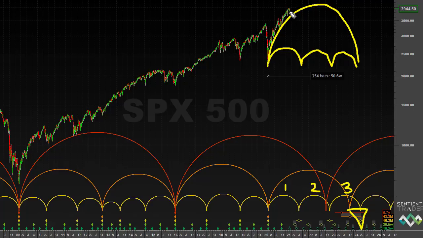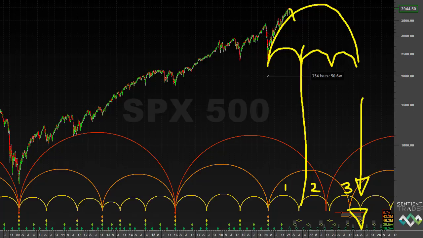But in terms of the really big picture, what is happening at the moment is that we are expecting the market soon to turn down into this first 18-month cycle trough, and then we will get another 18-month cycle, and then a third 18-month cycle before we hit the big trough here in late 2023 or early 2024.